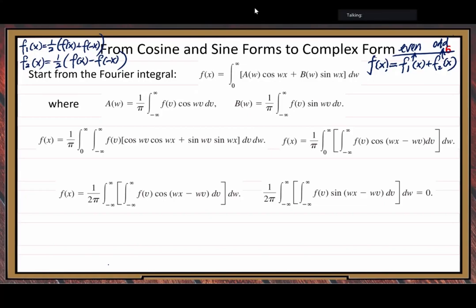The part inside the bracket is a function of w, and w is the variable. So think about it: if you replace w by negative w, you get a negative value, right?